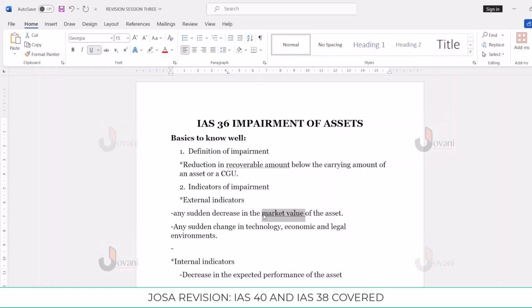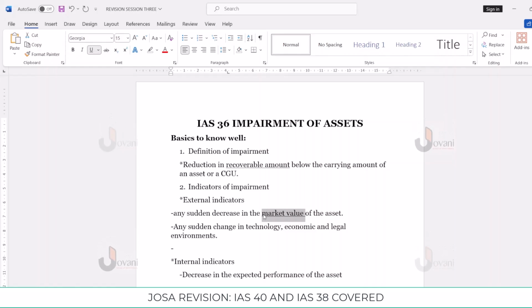Yes, that's already fair value, right? Fair value is that price you obtain from a transaction between market participants. So in the definition of recoverable amount, we've already picked a point: any decrease in market value of the asset. Now, which one is remaining?